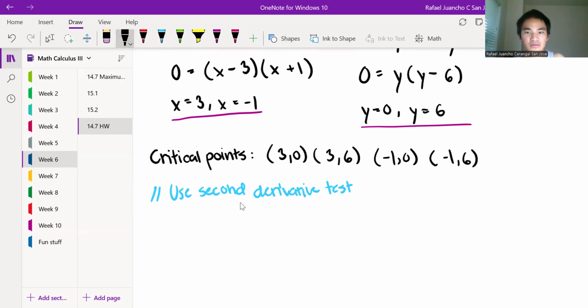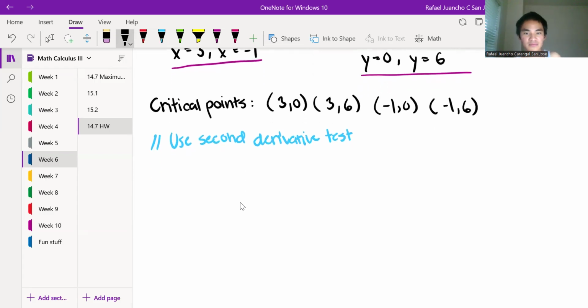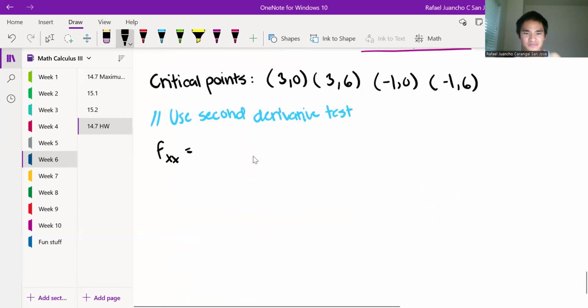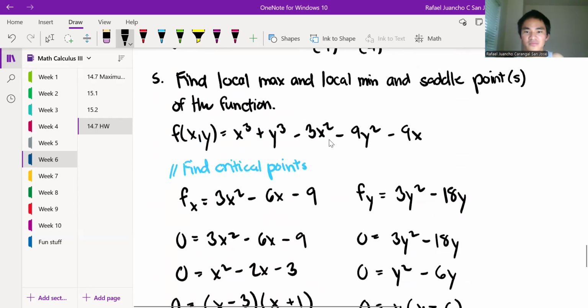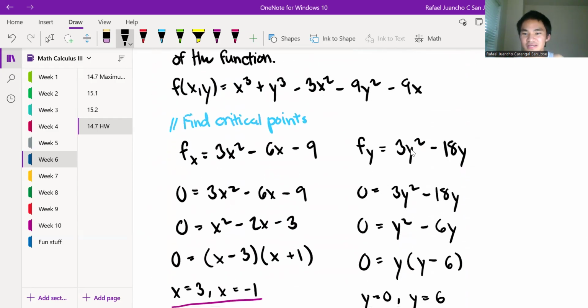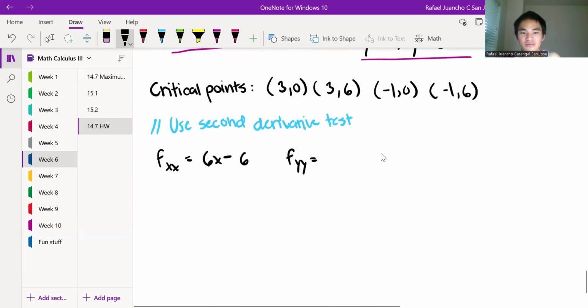So I get the second derivative. So this is going to be f sub x sub x. I look at my f sub x. Here I get 6x minus 6. Then f sub y. I look at my y here. Here. I was looking at the wrong thing. 6y minus 18.